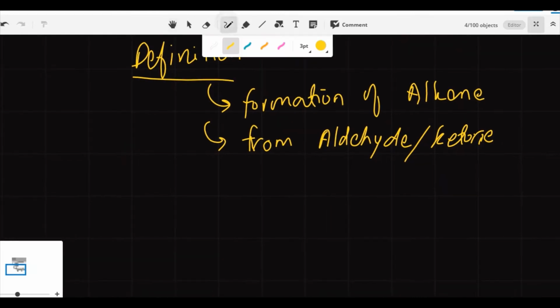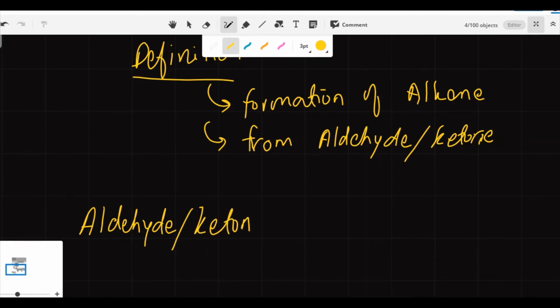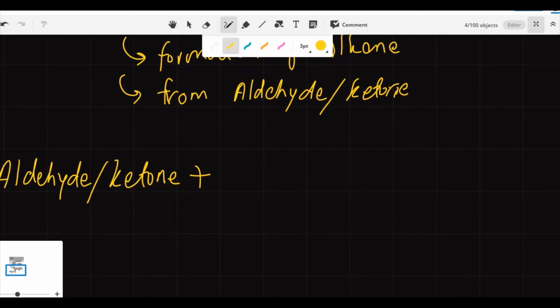Okay, let's suppose I am going to take a general reaction: aldehyde or ketone. They are going to be treated with the Wittig reagent, which is normally known as ylide.